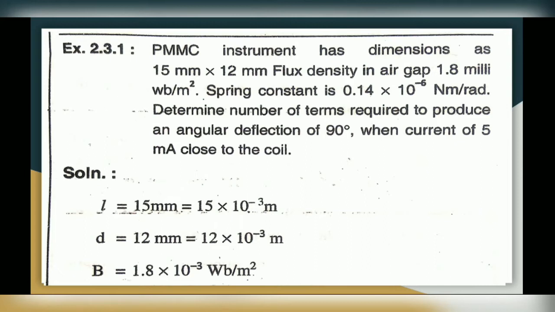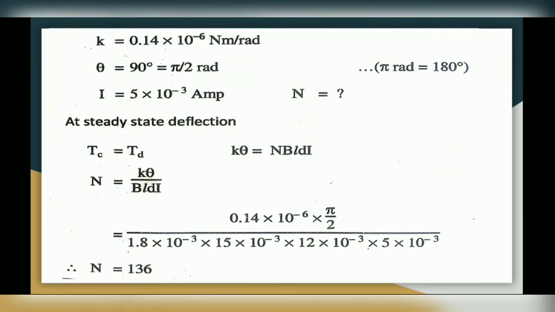L is 15 mm, which you can write as 15 into 10 raised to minus 3 meter. D is 12 mm, which you can write as 12 into 10 raised to minus 3 meter. B, that is flux density, is 1.8 into 10 raised to minus 3 Weber per meter square. Next, spring constant K equals 0.14 into 10 raised to minus 6 Newton per radian.